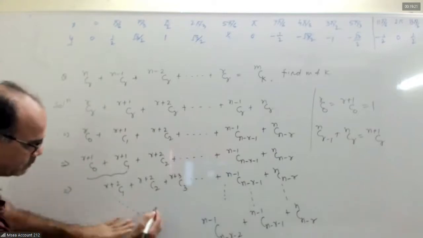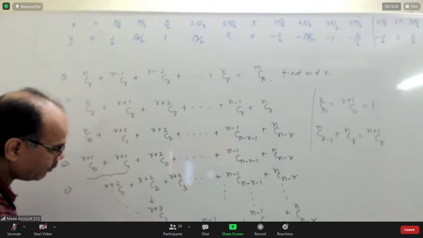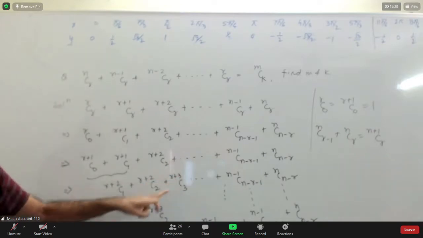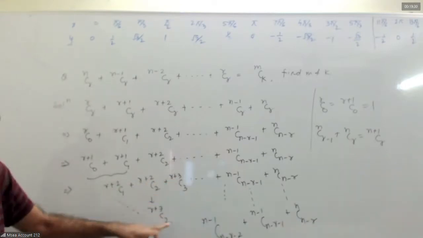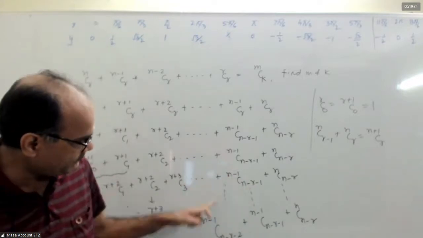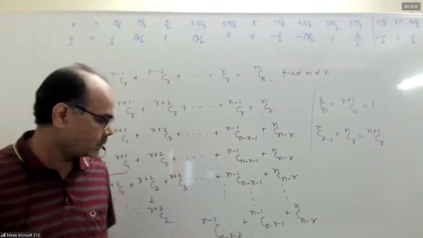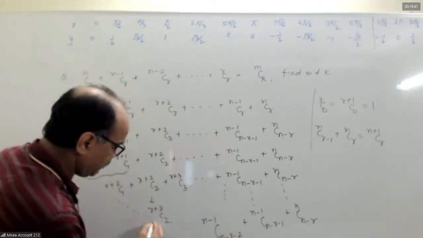If you merge these two, what will be this? R plus 3 C2. Just this is equal and this term is 1 less. So keep on merging.